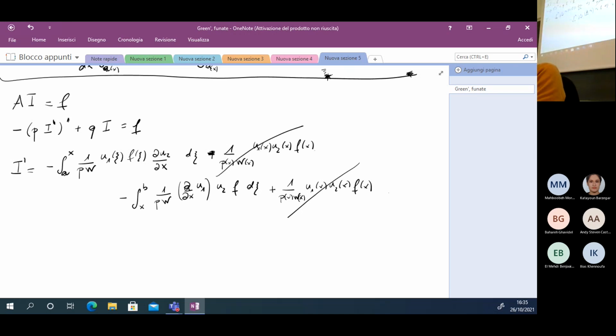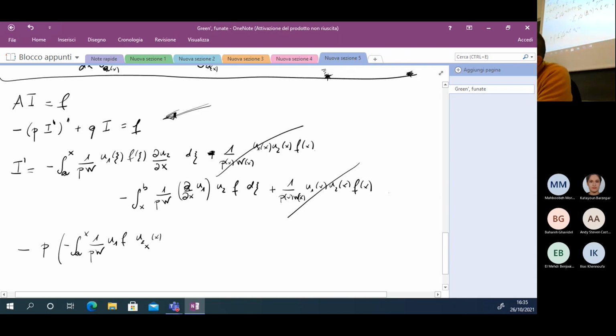Now, let's put these things that we have found into our equation here. So I have minus p that multiplies all these things: minus the integral from a to x of 1 over p w u1 f u2(x), let me write it this way.